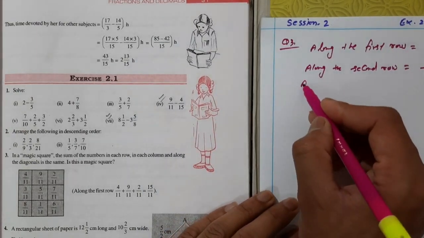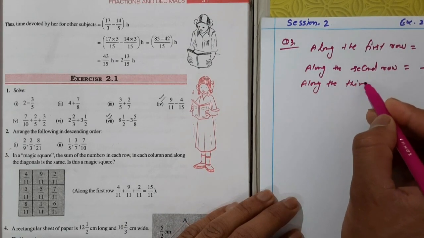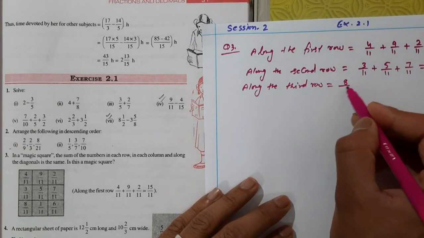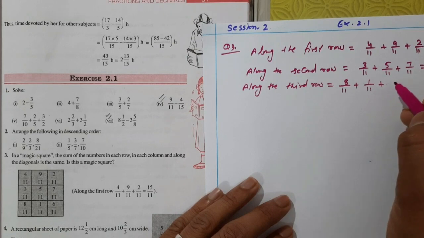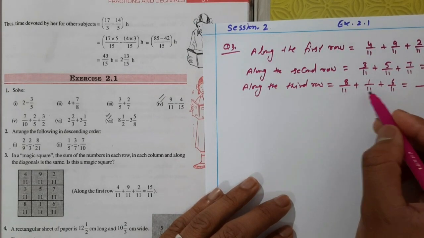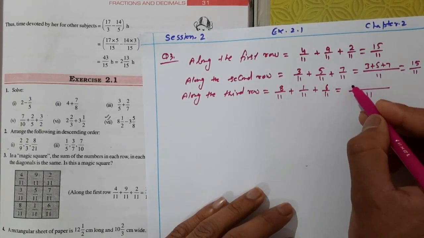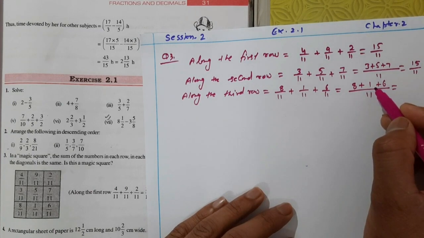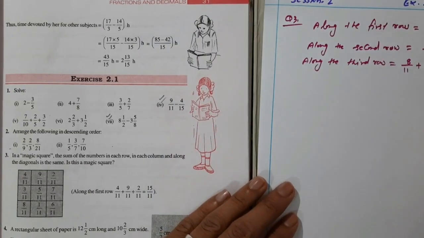Now along the third row, the third row is 8 upon 11 plus 1 upon 11 plus 6 upon 11 equal to, denominators are the same, so 11, and the sum of numerators 8 plus 1 plus 6, 8 plus 1 is 9, 9 plus 6 is 15 upon 11.